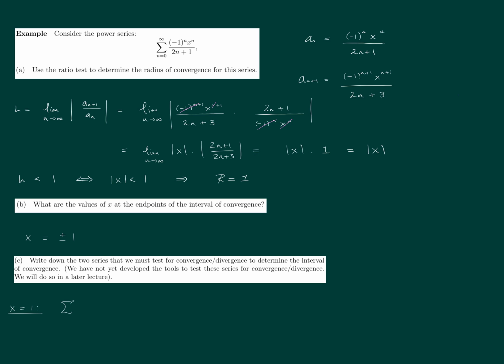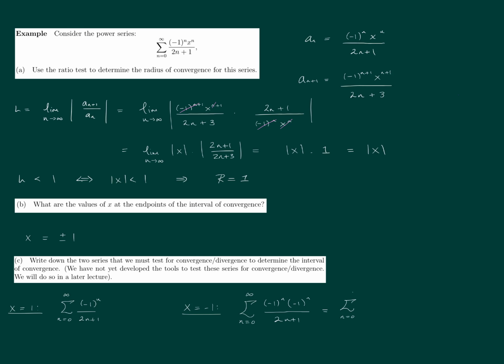So just plug in x is 1, and that x to the n will disappear. And we'll just get the sum from 0 to infinity of (-1)^n over 2^(n+1). Okay, then for x equals -1, the x^n will now be (-1)^n. So it's a sum from 0 to infinity of (-1)^n times (-1)^n, which will cancel for all n. (-1)^n times (-1)^n is just 1.